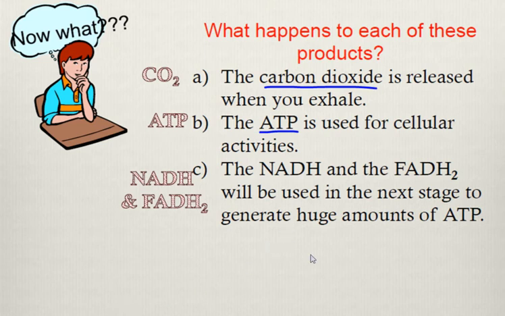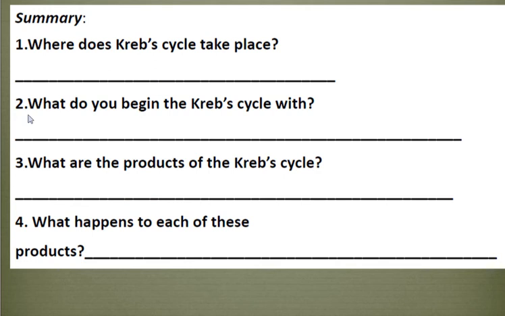And then NAD and FAD are being taken to step 3, which is the electron transport chain. And that's going to be our big money step to getting majority of our ATP, making it the most efficient step of respiration. So where does this occur?